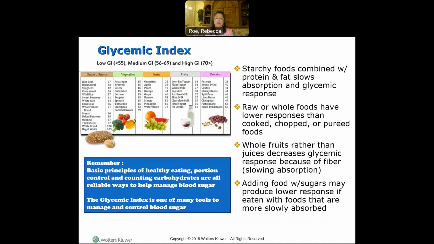So the basic principles of healthy eating, portion control, counting carbs, and using the glycemic index to pick foods that are lower on the index, below 55, can help you have a better effect on the spiking of your glucose. But current research shows that eating a lot of foods that are high on the glycemic index is linked to an increased risk of diabetes, high blood pressure, and heart disease.